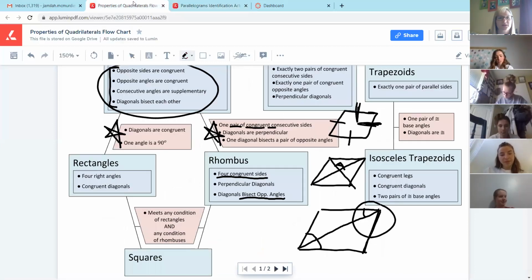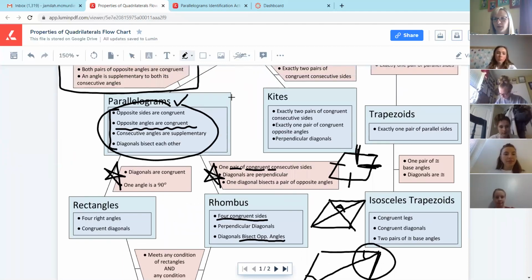So go back to your thing. Opposite angles are congruent. Look. What box is that in? Parallelograms, but it didn't give us anything else. So W is what? Just a parallelogram.